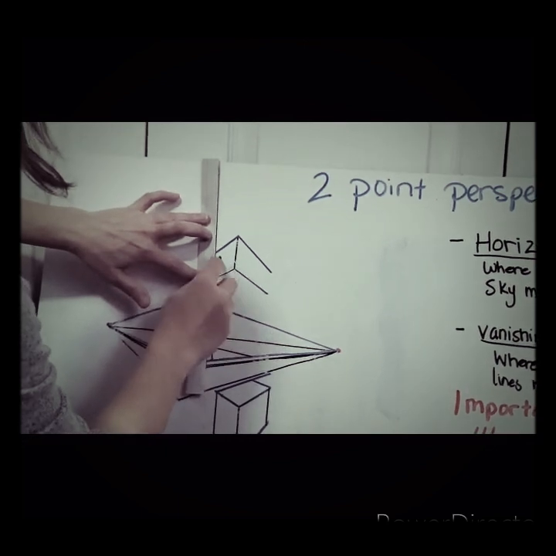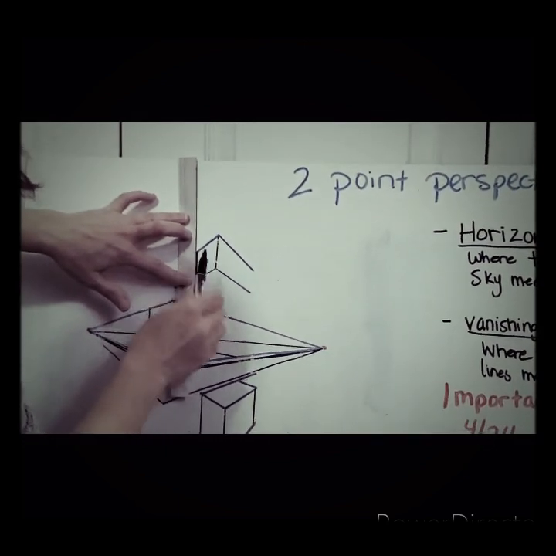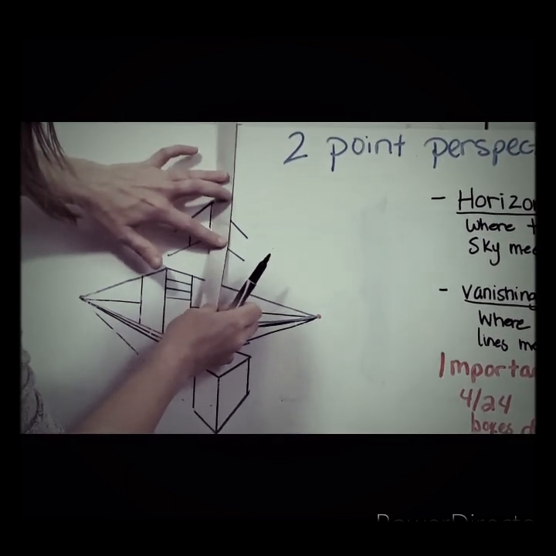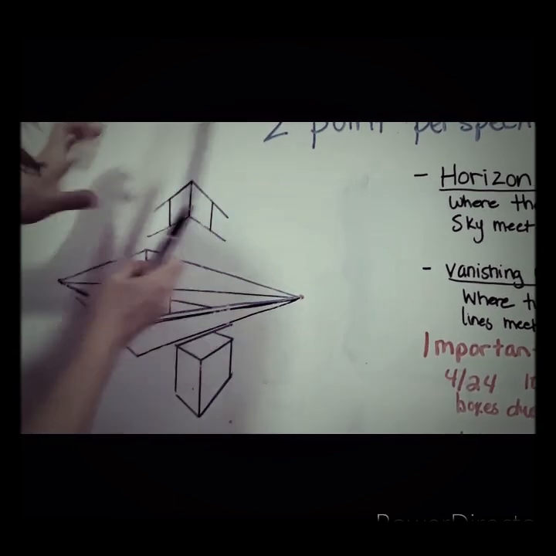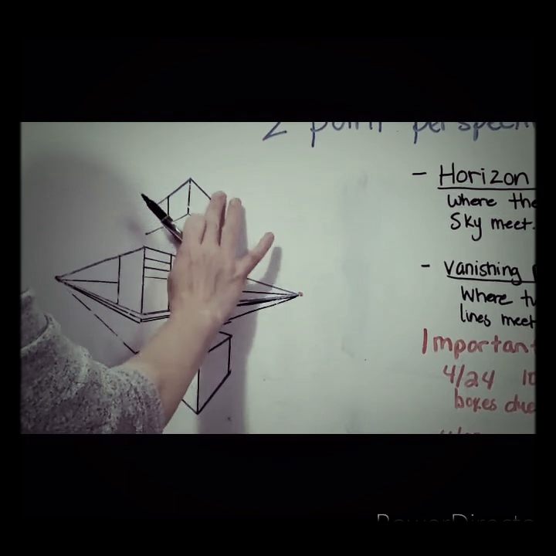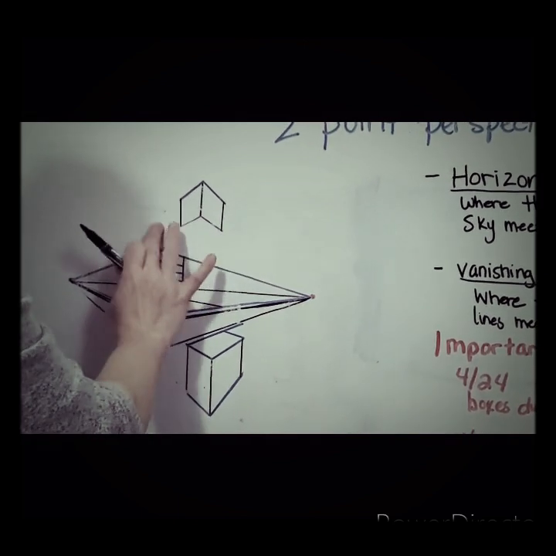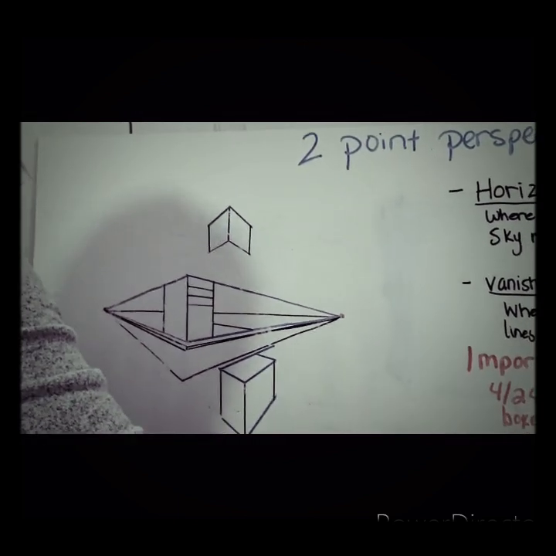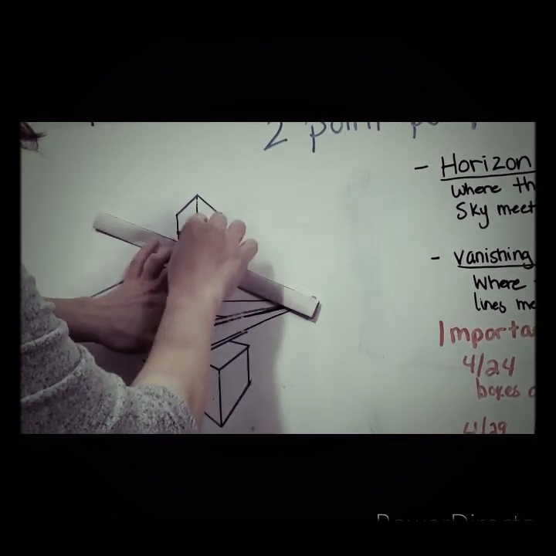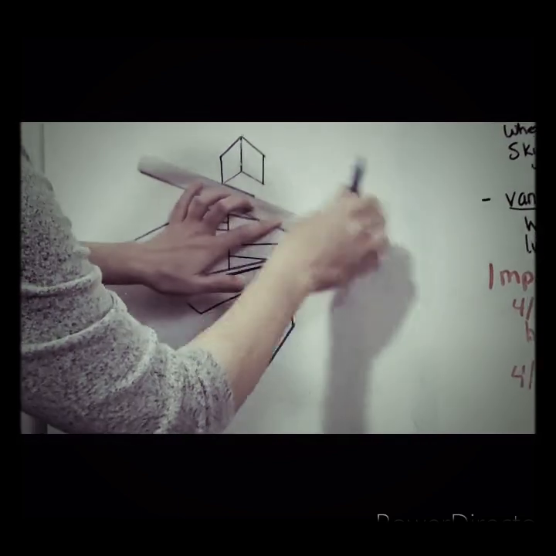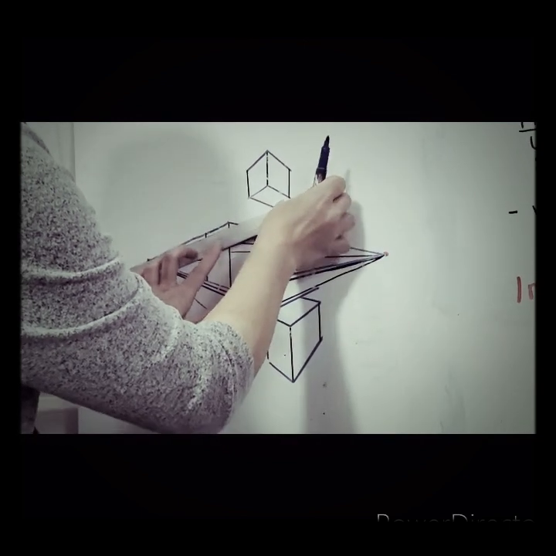Make sure we're vertical. Boom. Boom. Erase the outsides. And our last orthogonal lines. We're going to close that box. Boom. And we're going to come back.